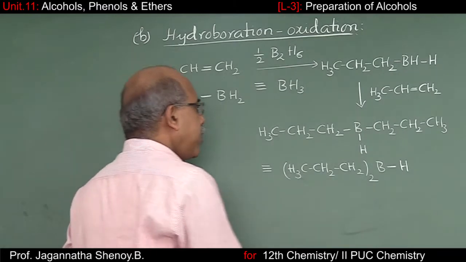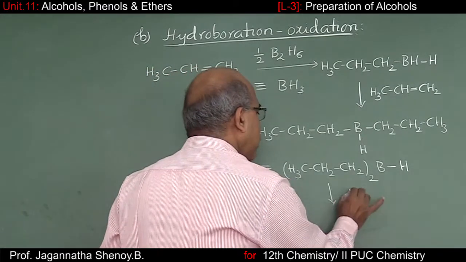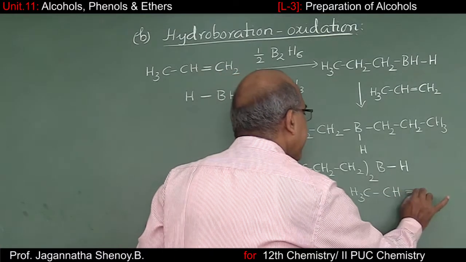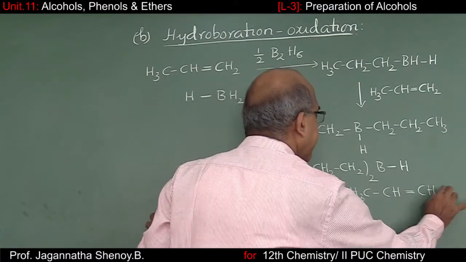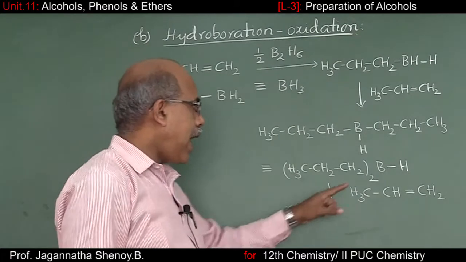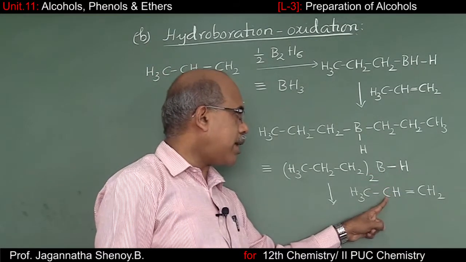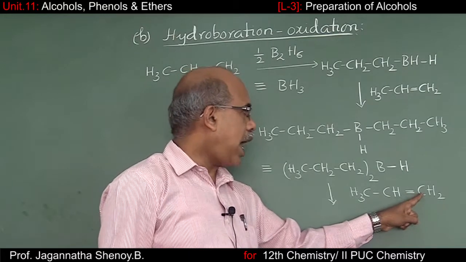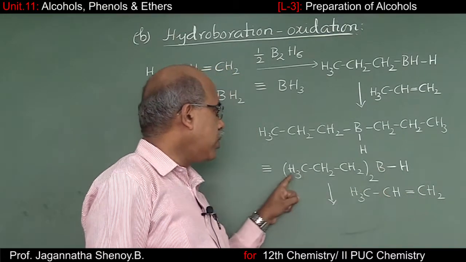The reaction further continues with one more molecule of propene in the same way. Here again, I will add this hydrogen to this carbon atom. So double bond becomes single bond, and the CH2 gets added to this part.